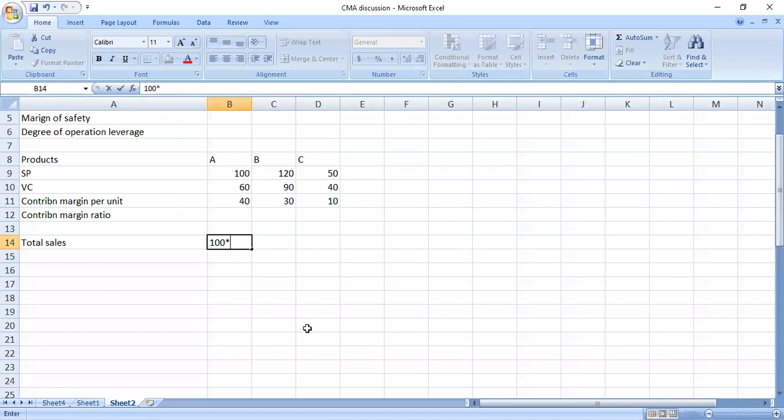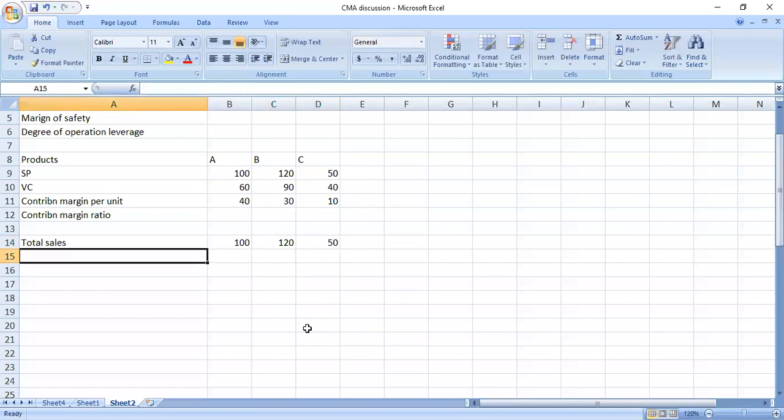Then for B, it's 120. Then for C, it's 50. Call that A, total sales, call it A.